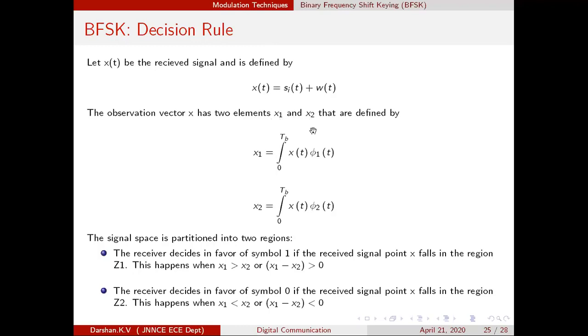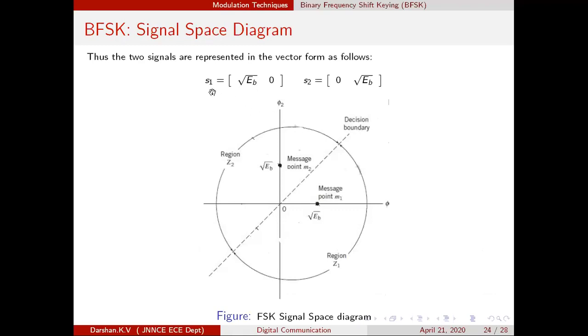Why is it having two elements? Because any BFSK signal has two elements.